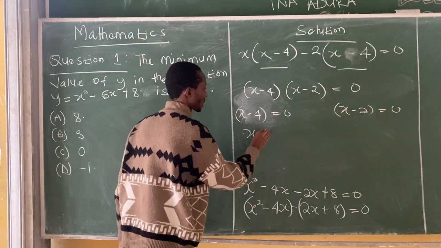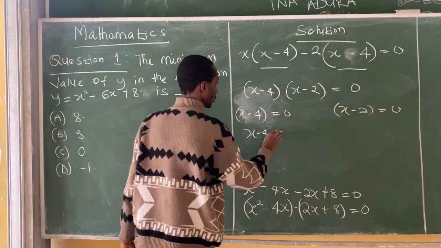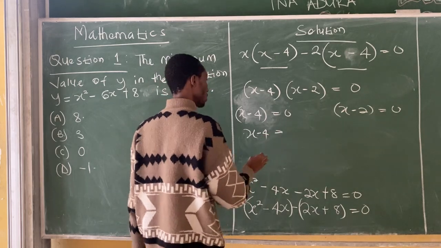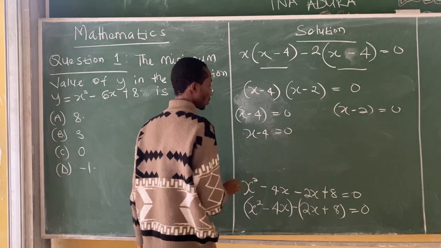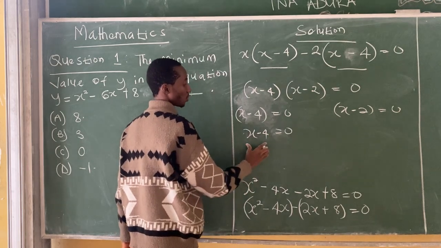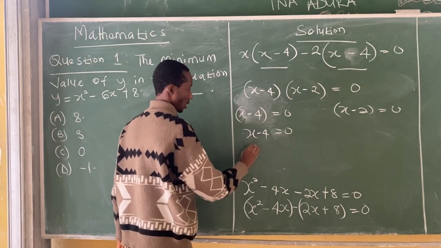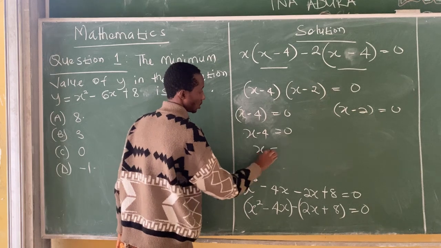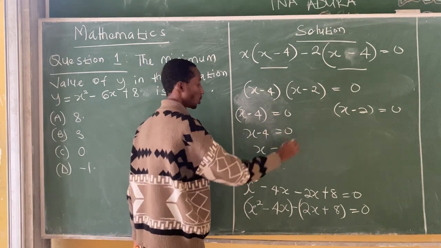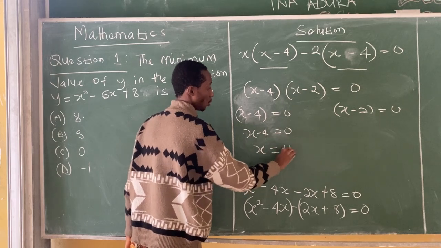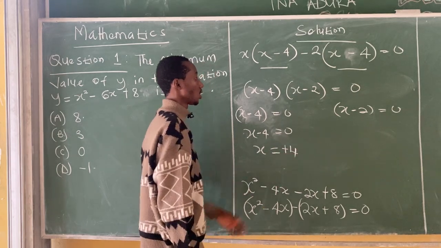This is the same thing as x minus 4 equals 0. This minus 4 crosses the equality sign. It changes from minus to plus. So we have x equals plus 4.